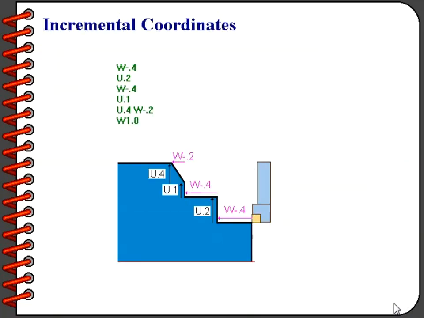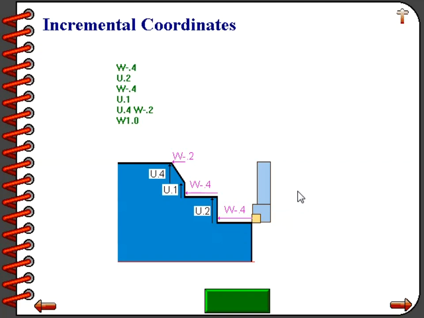Here is that same program example again. This time I've put the commands also down by the workpiece so that you can see how each command within the program relates to the workpiece. It is very important to understand that with incremental coordinates, we are always telling the tool which direction, using U or W, and either a positive or a negative value, and how far to move, specifying that with a numeric value next to the letter.